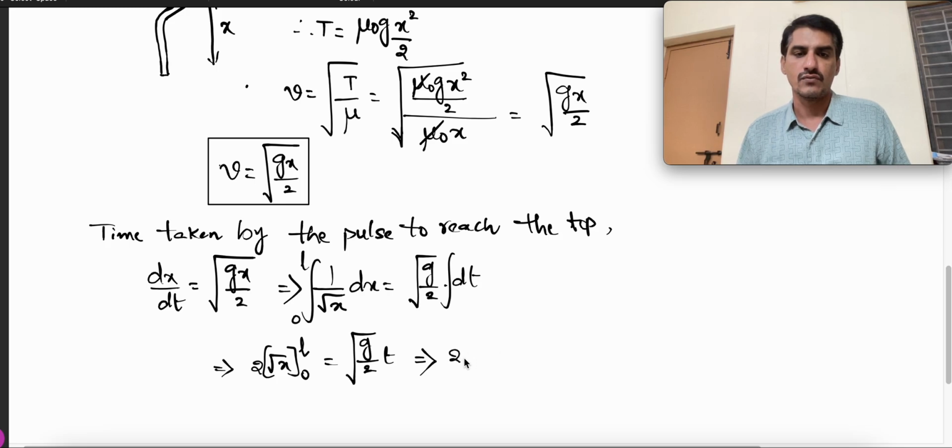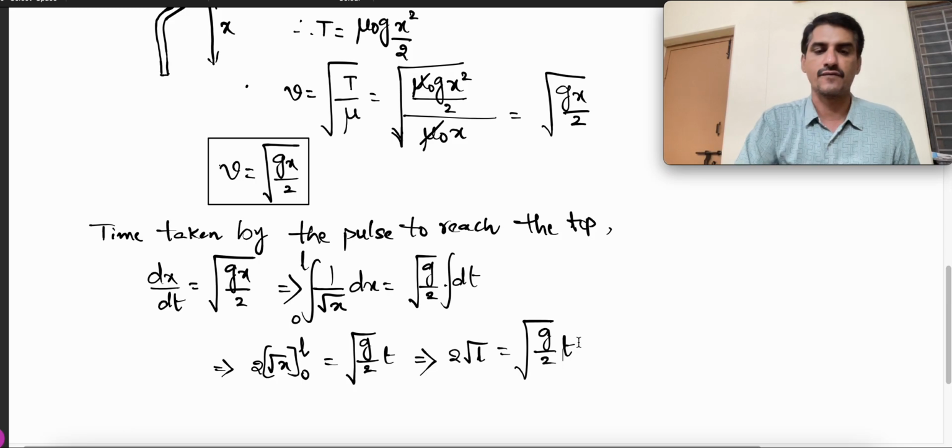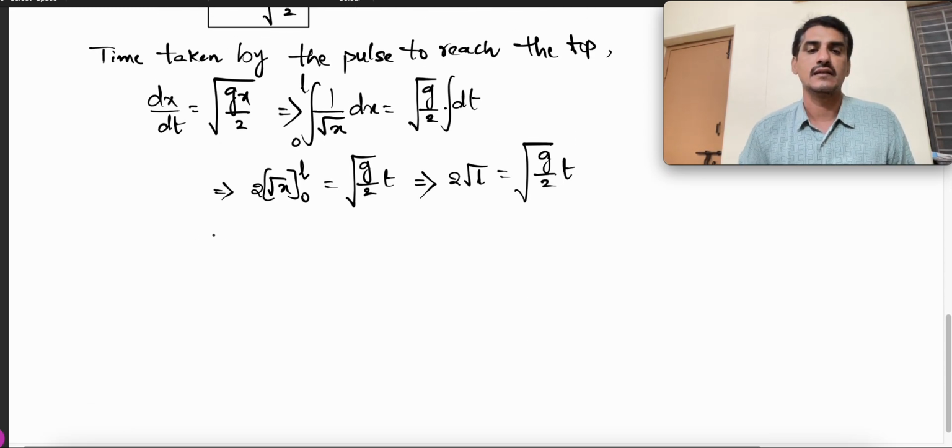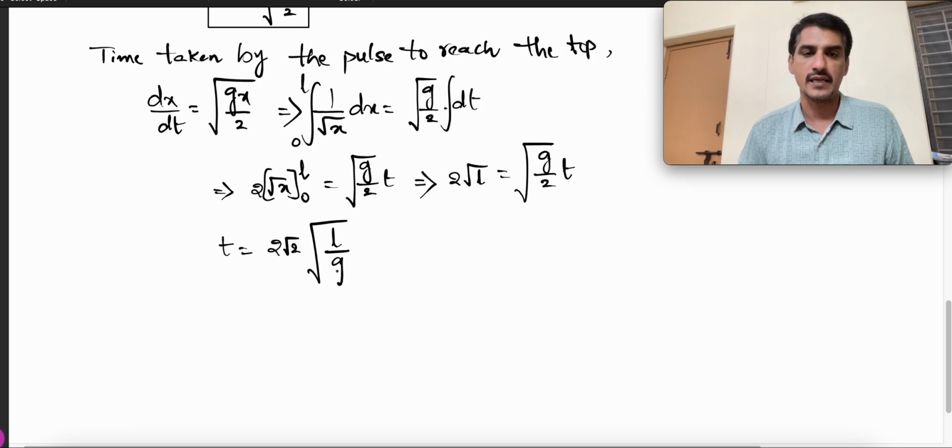So 2 into root L is equal to root of g by 2 into t. Therefore, we are going to find out the time. In this situation, t is equal to 2 root 2 into root of L by g.